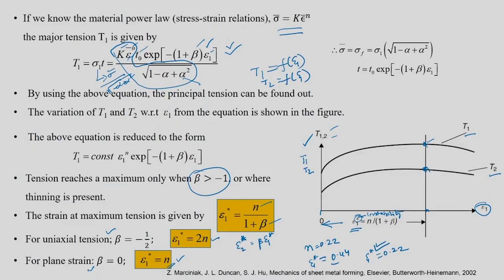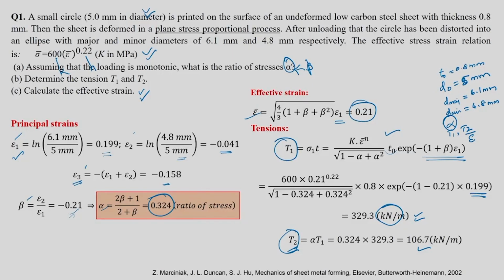Basically in this chapter we discussed how to find your strains at different locations of the sheet, and then the concept called strain signature that we introduced through the strain diagram. Then we introduced how to interpret the strain diagram, some important features we understood, then how to convert that into stress diagram, and then some important features of the 5 different alphas and betas we understood. At the end we introduced major tension and minor tension, how to get T1 and T2 from sigma 1, sigma 2, and we solved 2 examples just now.